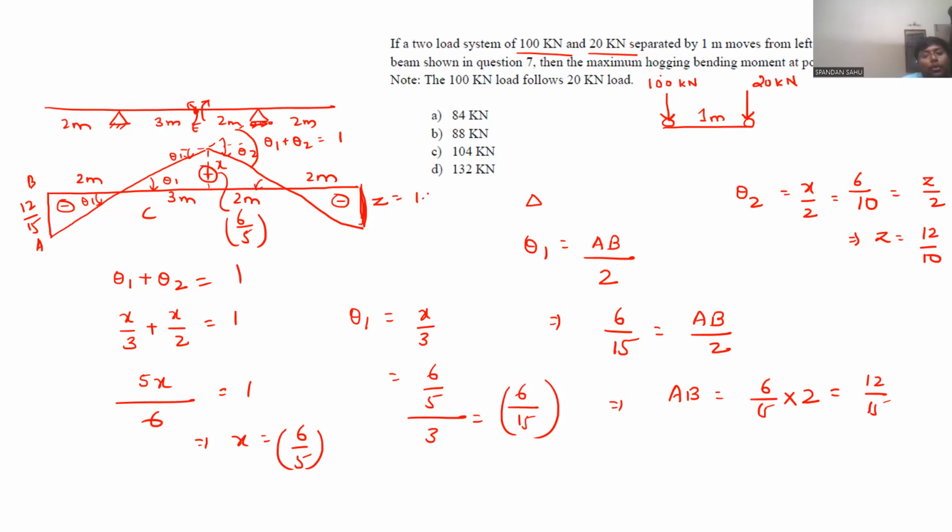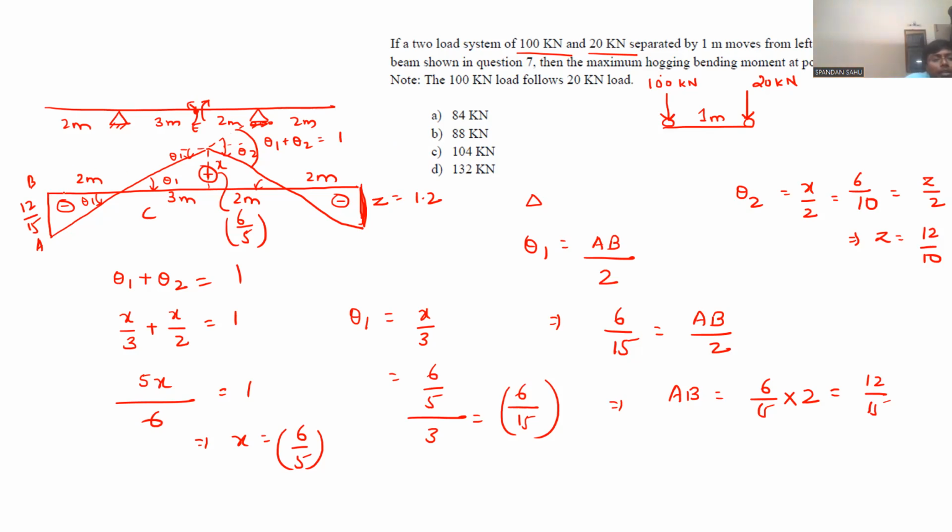So this is 1.2. Now tell me, to get maximum hogging bending moment, you have to place the load in the positive part or negative part. Negative part. Now, this is the negative part and this part is the negative part.